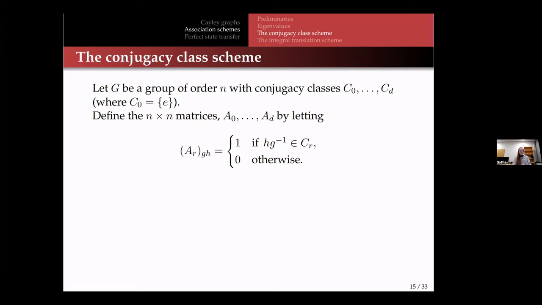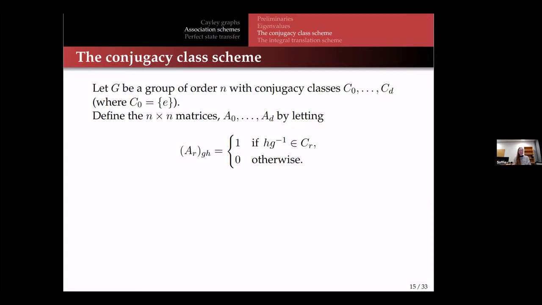And we define these matrices A0 to AD. They're going to be indexed by the group elements. And the GH entry of AR is going to be 1 if HG inverse is in the conjugacy class CR, and 0 otherwise.